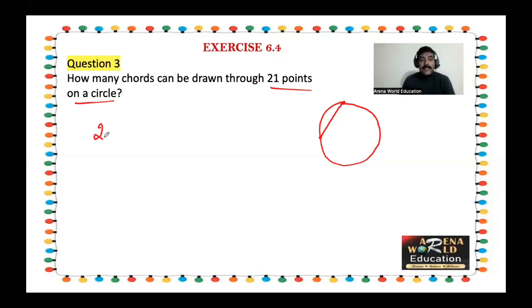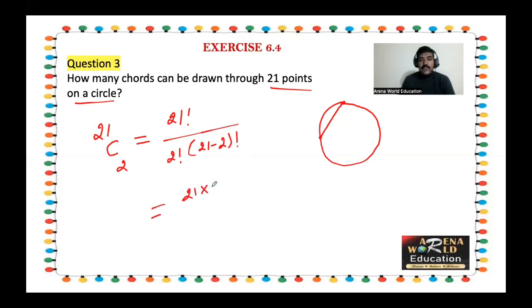So this question is simply, out of 21, you are choosing 2. Selecting 2 out of 21 is a question related to combination, and here order doesn't matter. You can take any 2 points. So 21C2, that is nCr, will be 21 factorial divided by 2 factorial into 21 minus 2 factorial.